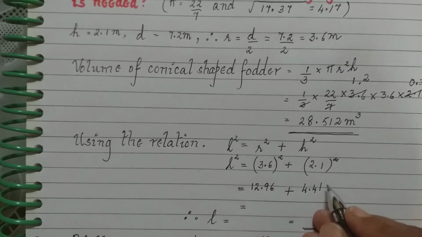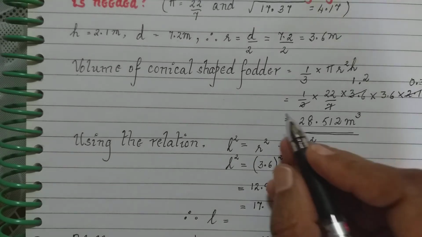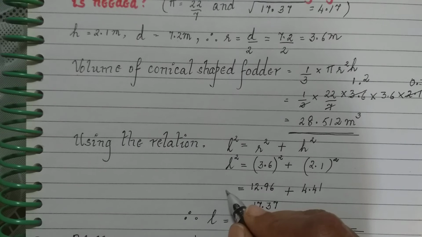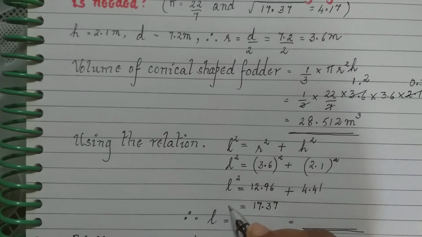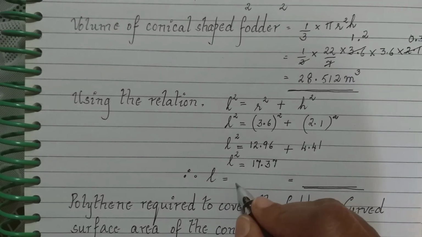So we add both these now. 12.96 plus 4.41. What do I get? Now I get this as 17.37. What is 17.37? This is L square. L square is 17.37. So if I have to find L, how will I find L?